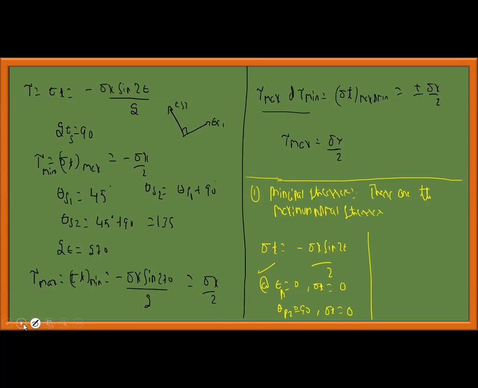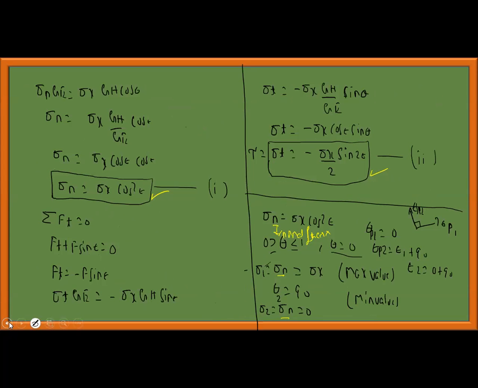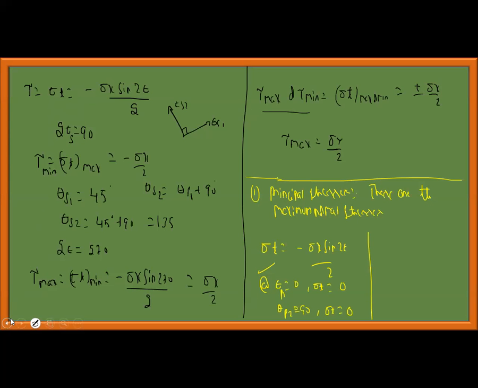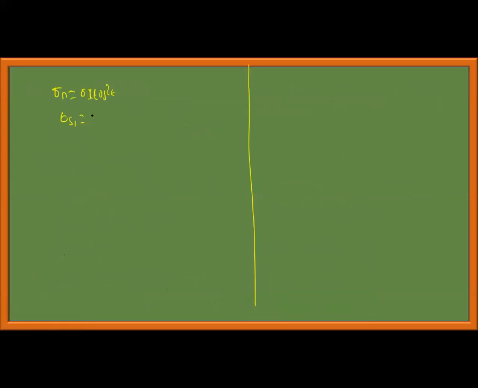Theta S1. Let me write the expression for sigma n. Sigma n is equal to sigma x cos square theta, and theta s1 is equal to 45 degrees and theta s2 is equal to 135 degrees.